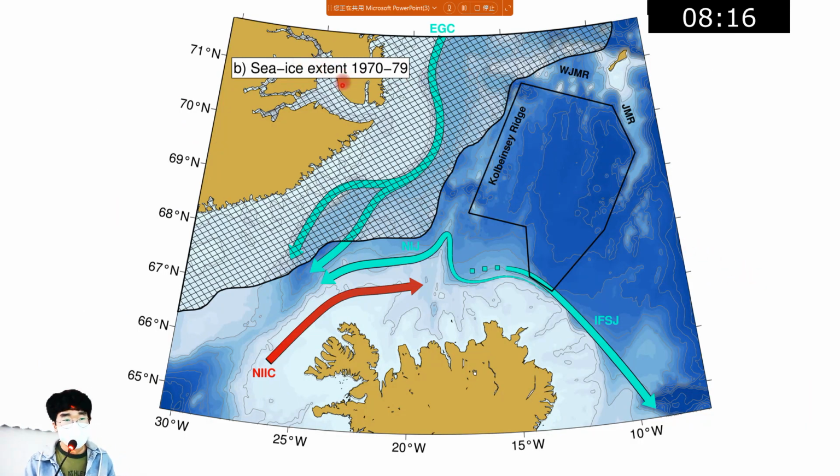And this is the photo of the sea ice extent in 1970 to 79. We can see that it covered the whole range to the Greenland Sea and Iceland Sea. We can know that because in the Arctic region, when the land blows wind, it has much colder wind than the seawater in the Arctic ridge.